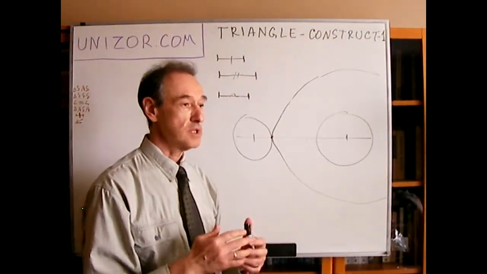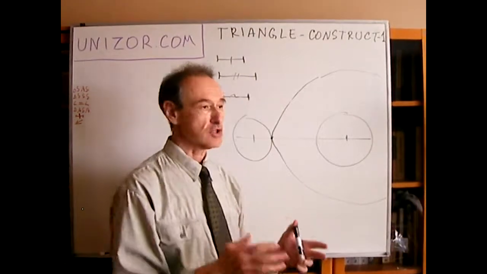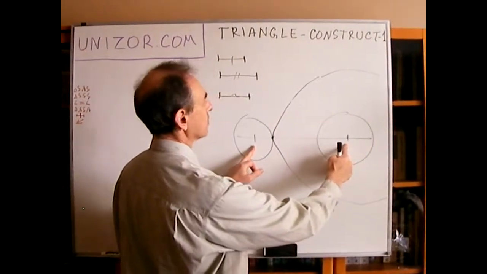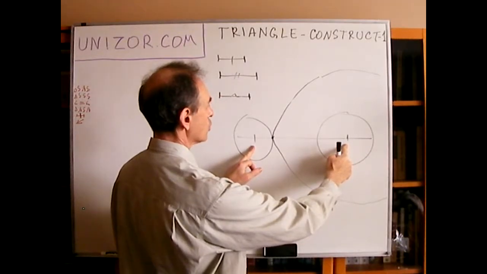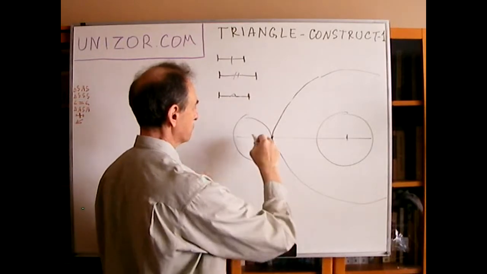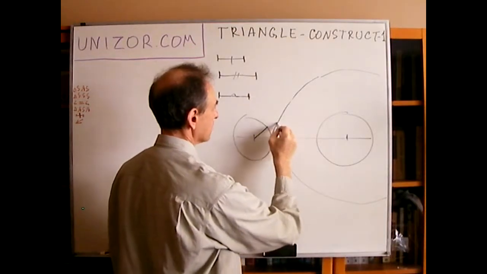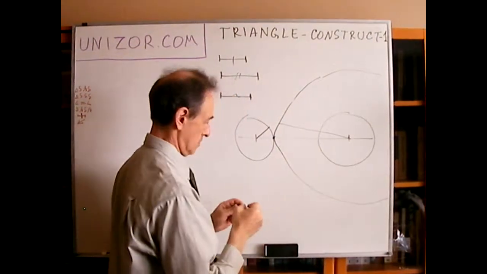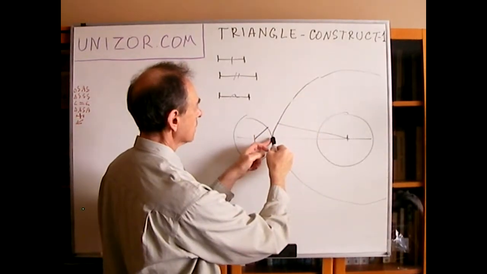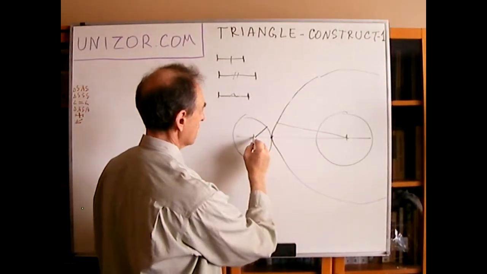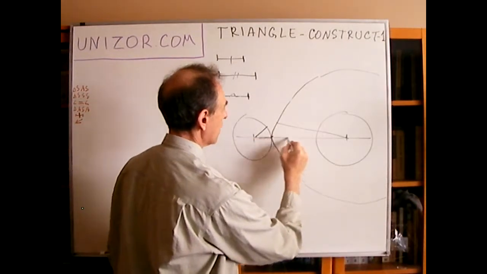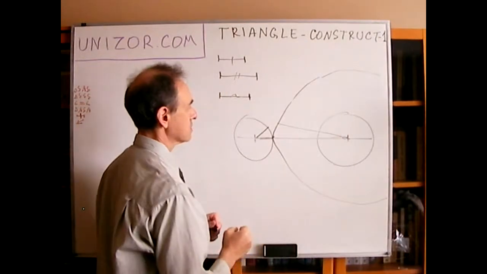Now, to be absolutely precise, I can tell you that the biggest segment should be actually smaller than the sum of two other segments. In this case, when these two circles are touching each other, then the length of the biggest segment is equal to the sum of the lengths of two other segments.